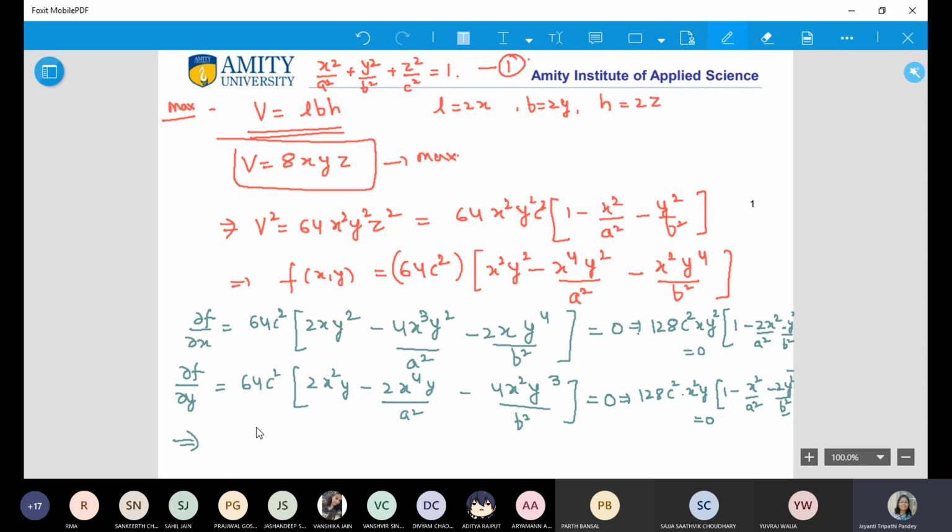So, what we will get? This is 0. Is this fine? Now solve for x and y.